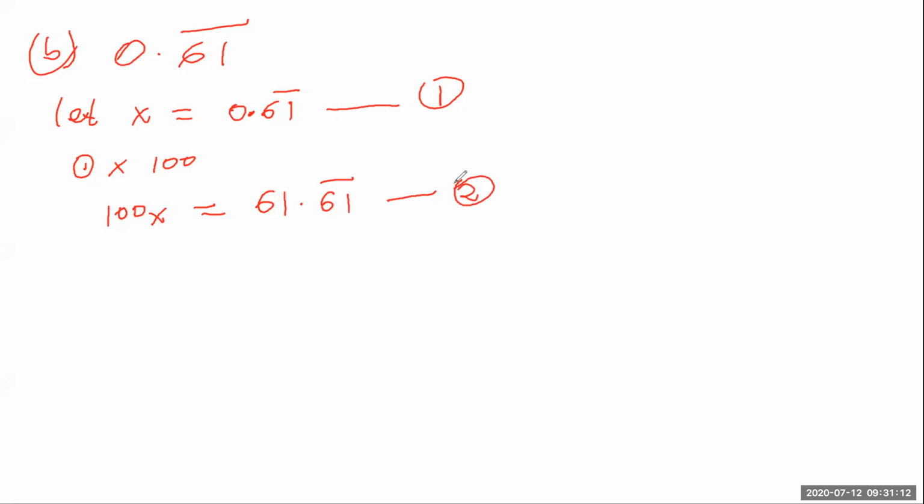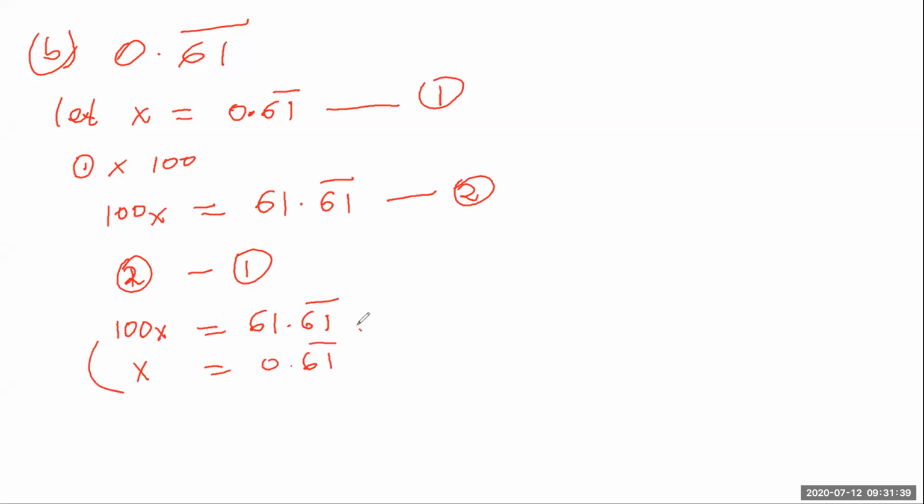Okay, so now you do 2 minus 1. Let me rewrite that. So you do equation number 2 minus equation number 1. You find the difference, and this will be 100x is equal to 61.61 repeating, and then you have minus x, which is 0.61 repeating. You subtract.